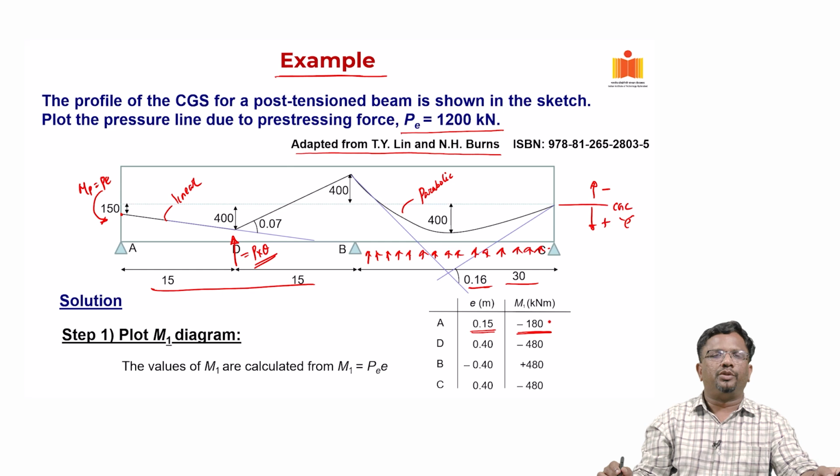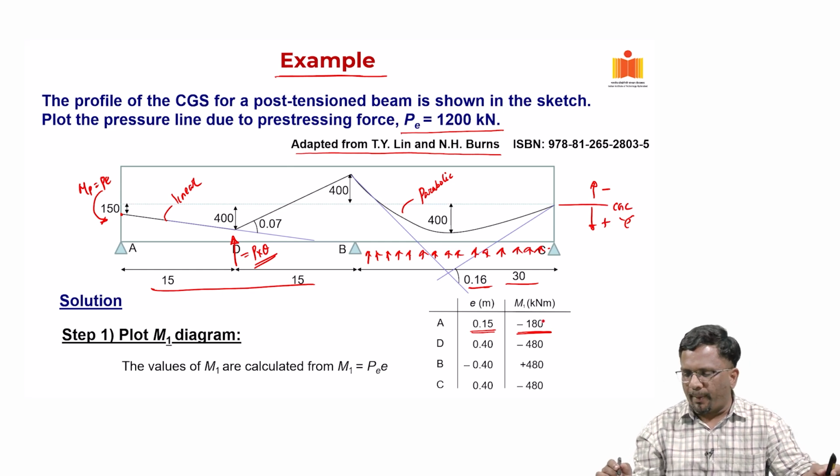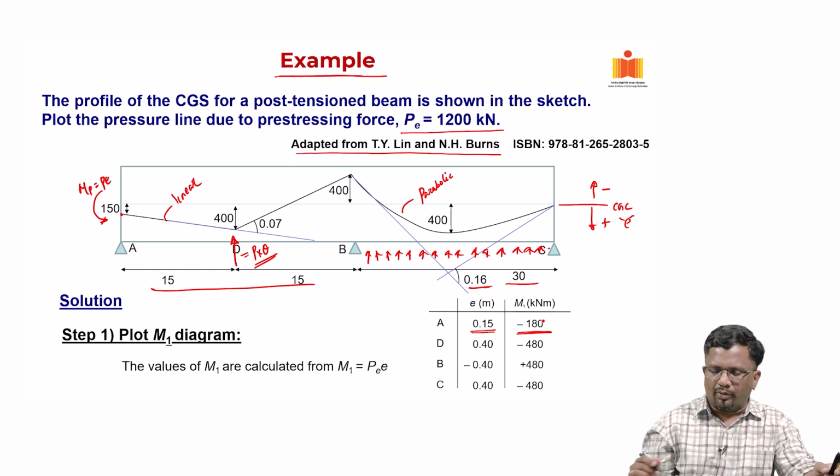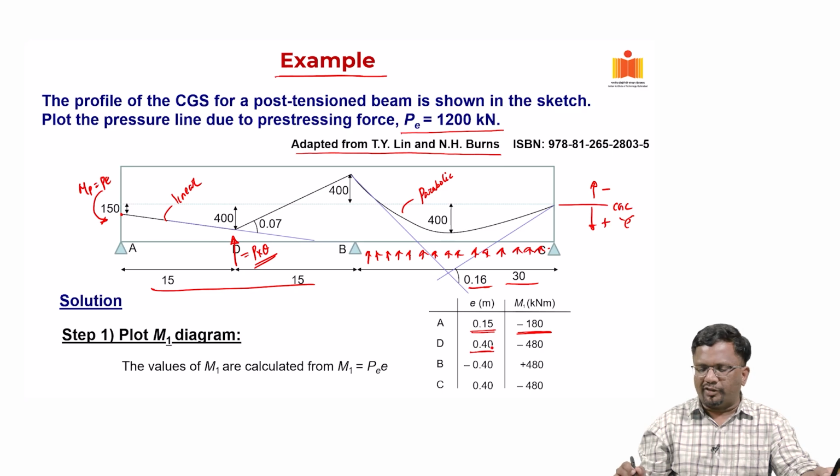So, it is going to be minus 180, and then at location D you have an eccentricity of plus 0.4, that is creating a prestressing moment of minus 480.